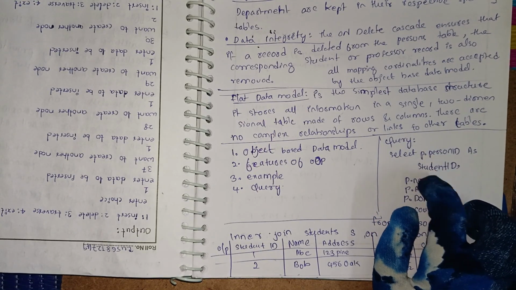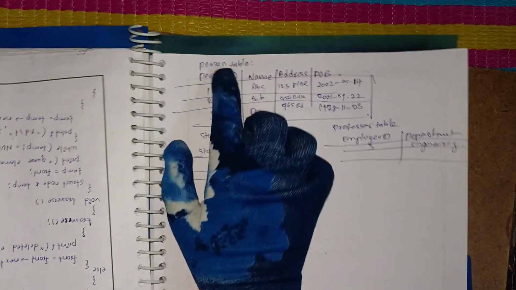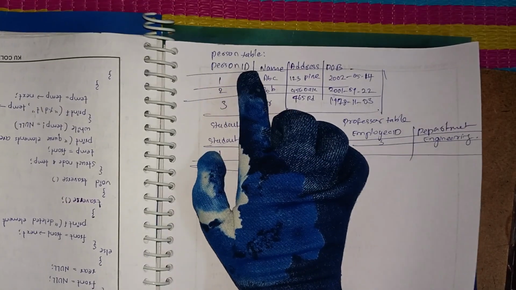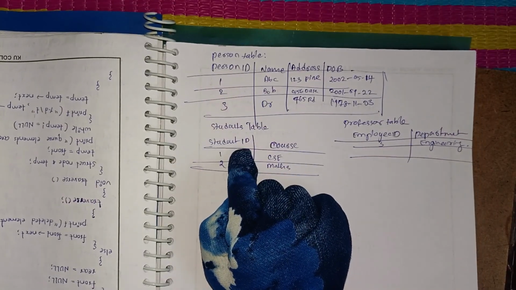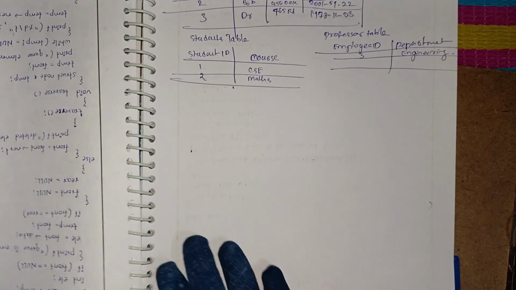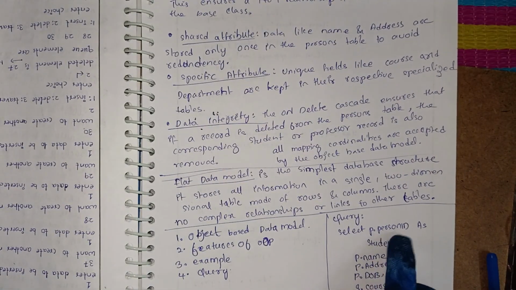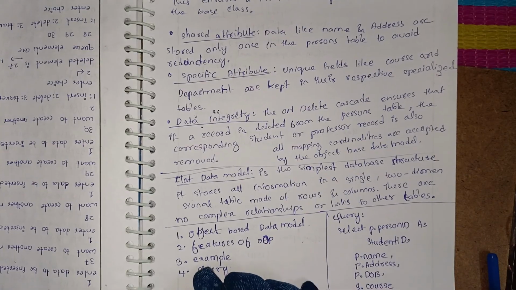We are combining these two columns, person ID and student ID, and we are making person ID as student ID using an alias. Using as alias, we are changing the person ID column name to student ID.